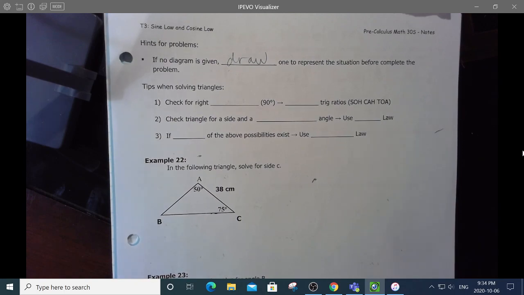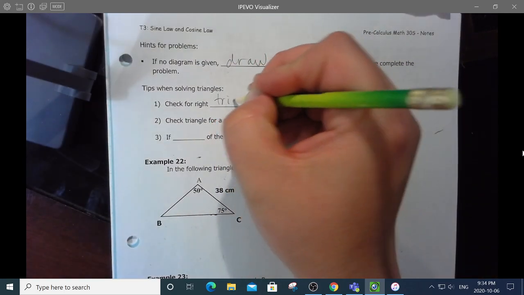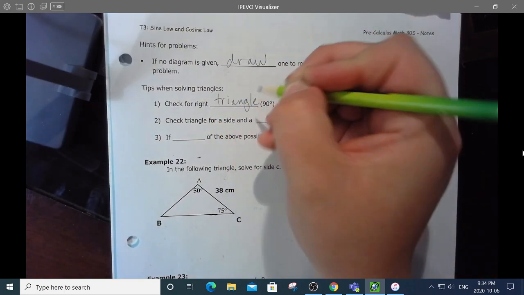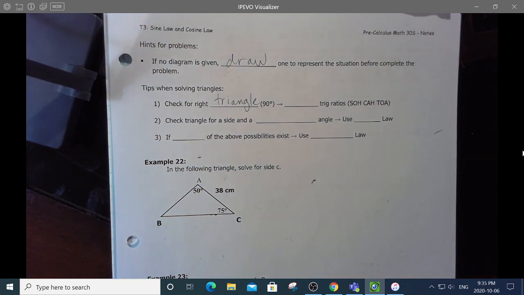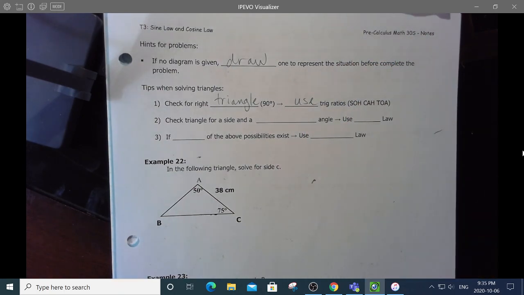I haven't said this in any of the videos for T3 yet, but the first thing you should do is check for a right triangle. Maybe you don't even need sine law and cosine law. Maybe it's just good old SOHCAHTOA, right? If you have a 90-degree angle in it, then just use grade 10 trig, SOHCAHTOA.